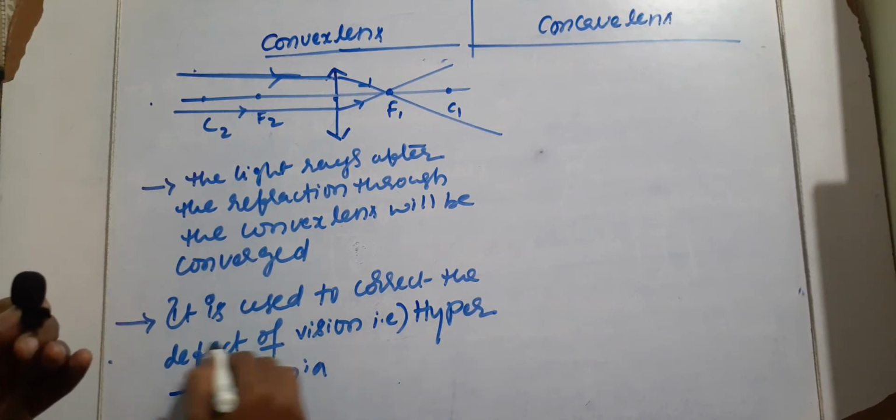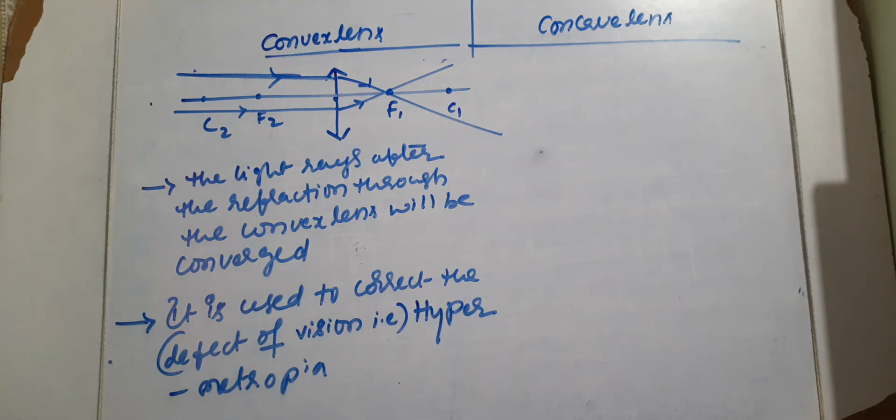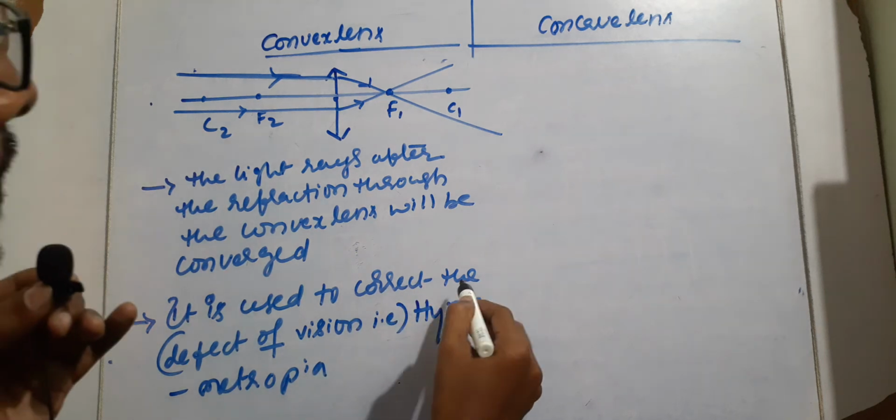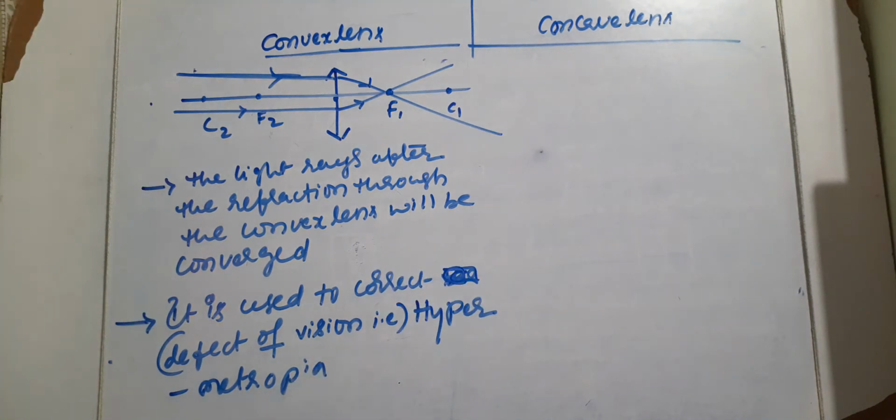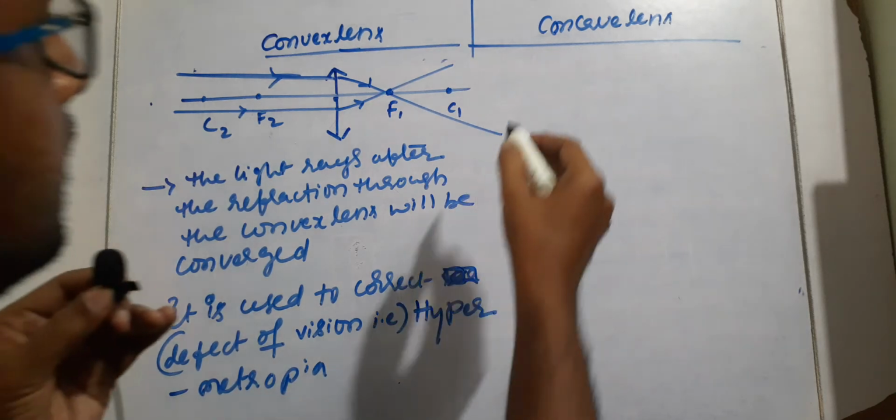So you can write directly, it is used to correct hypermetropia. It is a problem of vision, a defect of vision, hypermetropia.